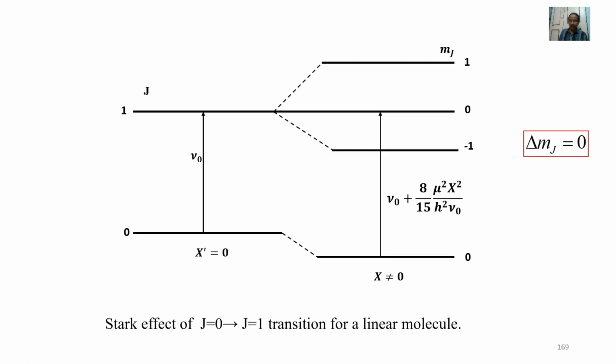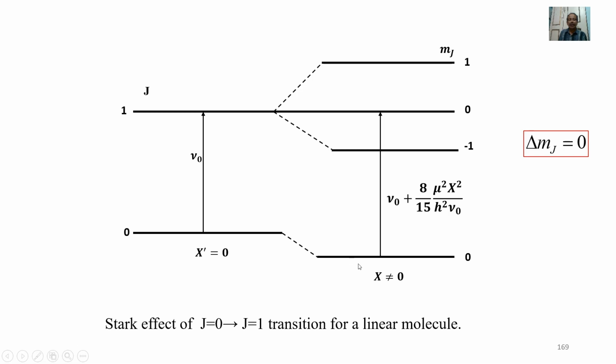Now look at the transition line. This is a Stark effect of j equals 0 to j equals 1 transition for a linear molecule. In the absence of electric field, we have j equals 0, mj equal to 0, so 0, 0 to 1, 0. So this is referred to as S. Whereas here, the j equal to 1 line is split into 3 lines according to 2j plus 1, which is nothing but minus 1, 0, 1.